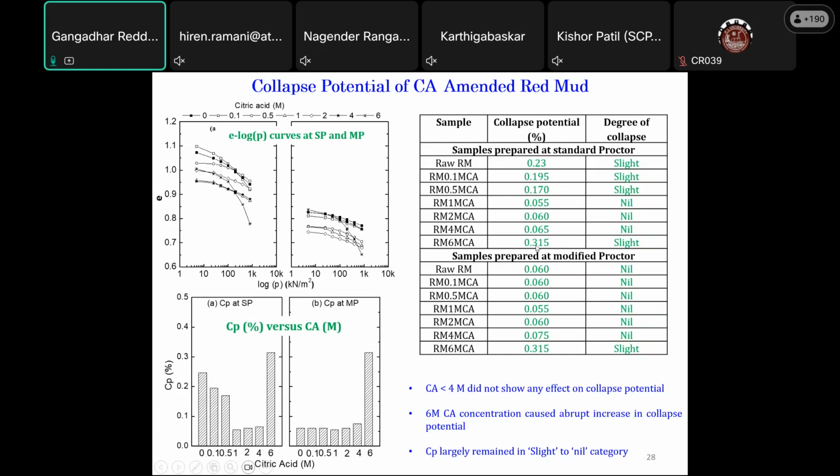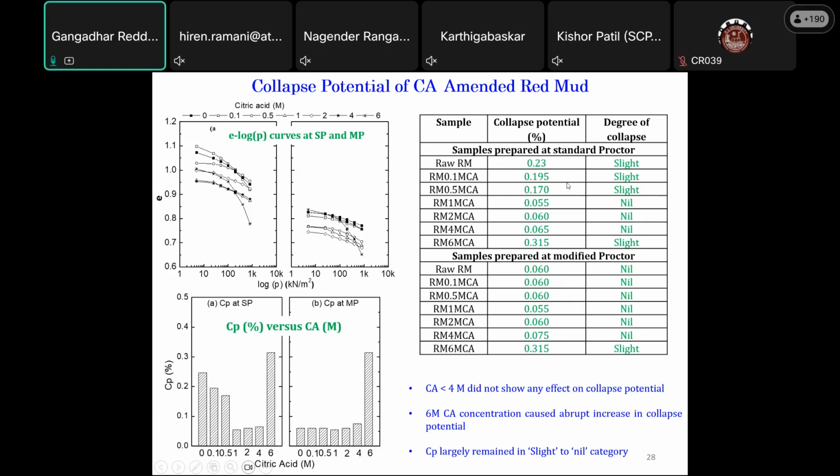You can see the degree of collapse is slight initially. Even if I am using 0.1 molarity or 0.5 molarity, there was a slight collapse potential. But if you go for 1 molarity or 2 molarity, there is no collapse potential.